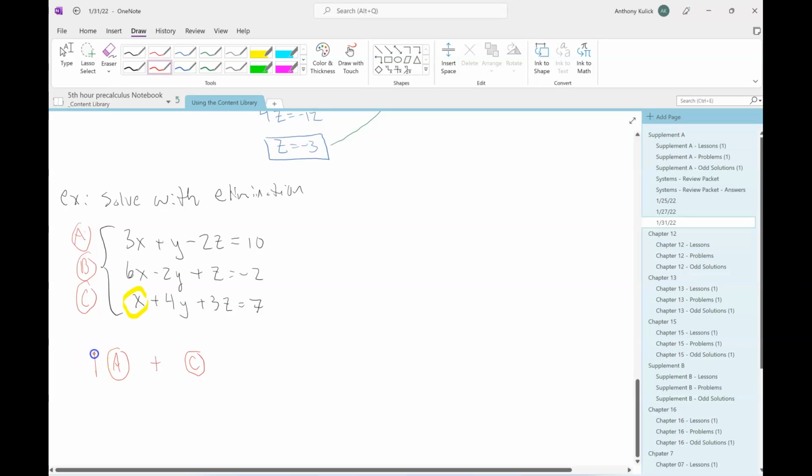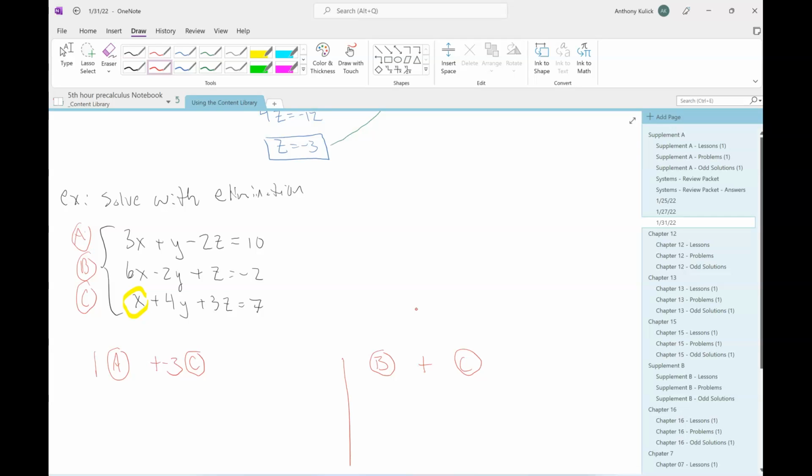So equation A can stay the same, but equation C needs to be multiplied by negative 3. And then we're going to do the same thing with equations B and C. So what do I have to multiply by here? Yeah, equation B just stays the same, and equation C gets multiplied by negative 6. Cool? Okay.